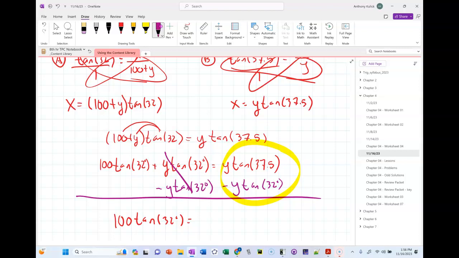So tan 37.5, just a number, right? That's a number you could type in your calculator. Tan 32, just a number, something you could plug into your calculator, right? So instead of thinking about that as tan 37.5 and tan 32, what if it was 5y minus 3y? How would you do that? 2y. How did you get the 2? You subtracted the 5 and the 3.